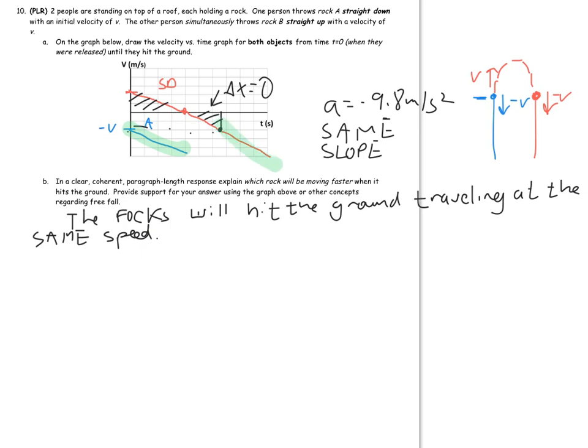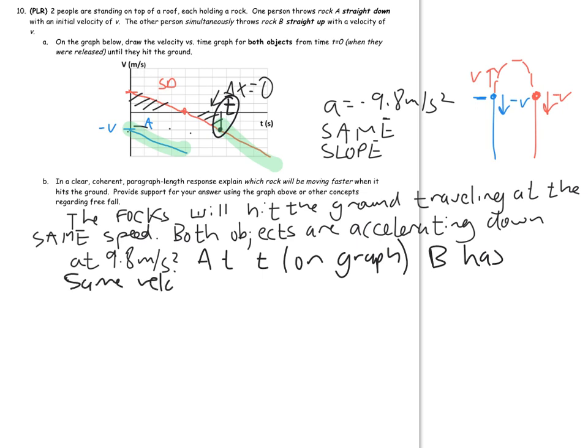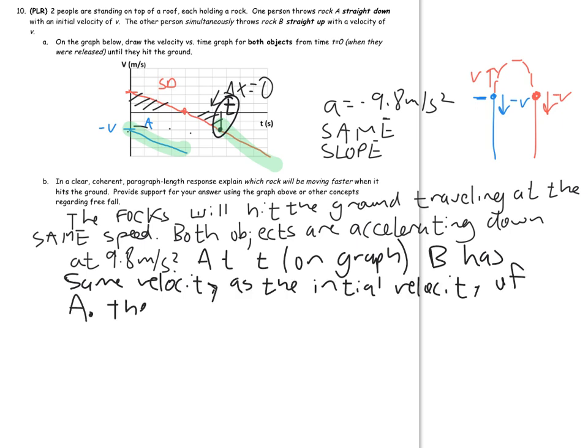So let's think about how we're actually going to go through explaining this. The first point that I would make is that both objects are accelerating down at the same rate, 9.8 meters per second squared. The second point that I would make is at this point here, which I'm going to label as T on my graph: at T, as shown on graph, B has the same velocity as the initial velocity of A. And then I would say that this point is the point when it returns to the location where it was thrown.